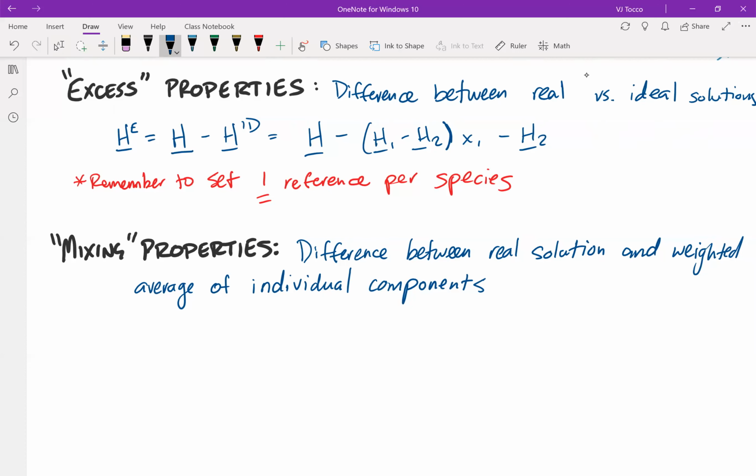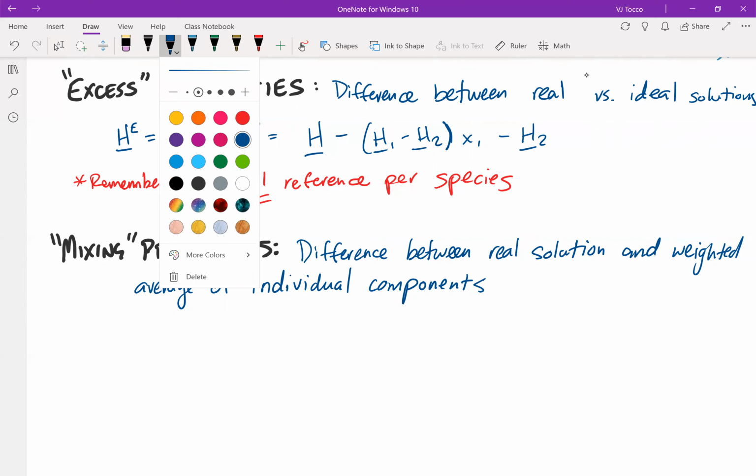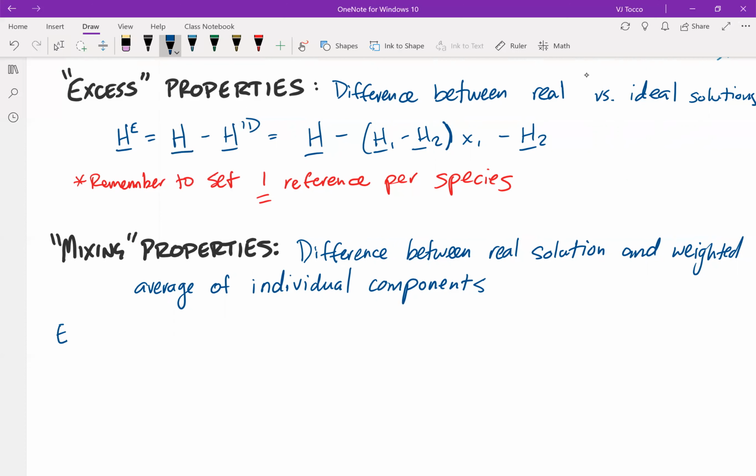But for two properties, entropy and then by extension Gibbs free energy, these two things are not equal. So take, for example, entropy. In general, the pure component entropies are going to be different than the ideal solution. So for entropy, there is an increase in entropy simply from the mixing process.